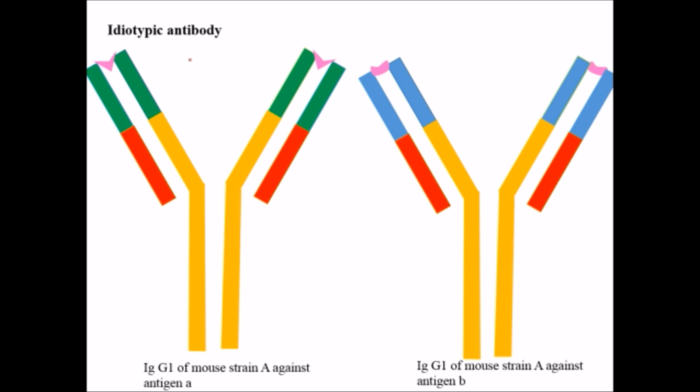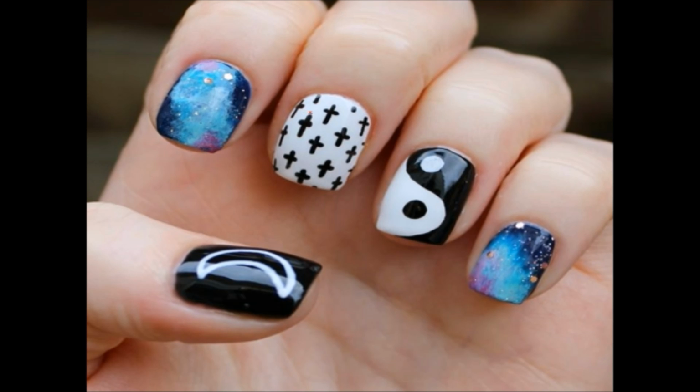You can see here the paratope, which binds with the epitope of the antigens, has a different binding site or different binding structure. This is termed an idiotypic antibody. You can relate this to applying different nail arts on your fingers. This is just like an idiotypic antibody.